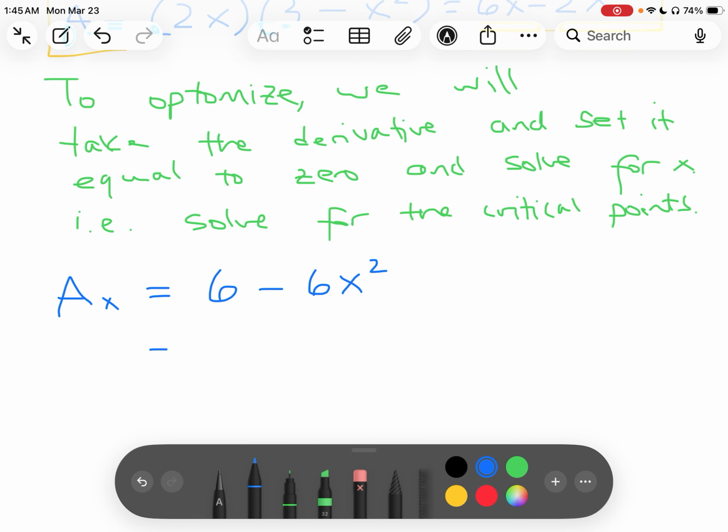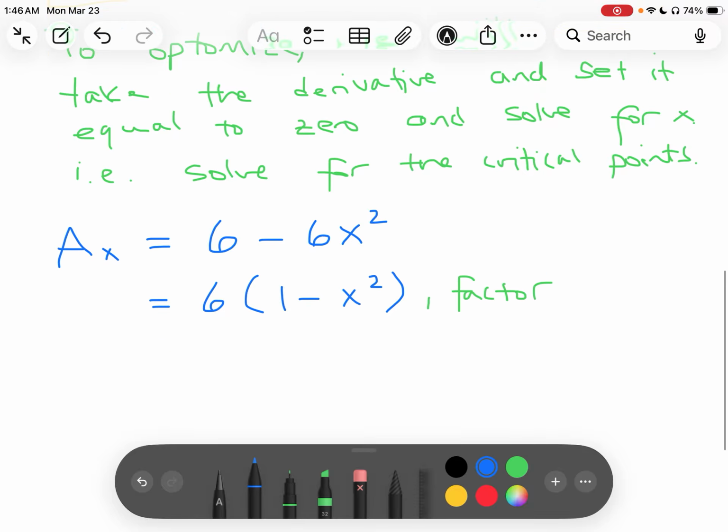And so now I can factor and simplify. So I have 6 factor, we have 1 minus x squared, and then again 1 minus x, 1 plus x, and all I'm doing is factoring.